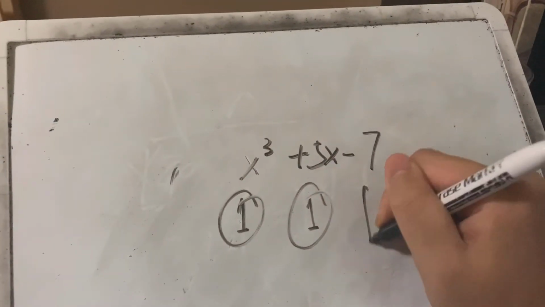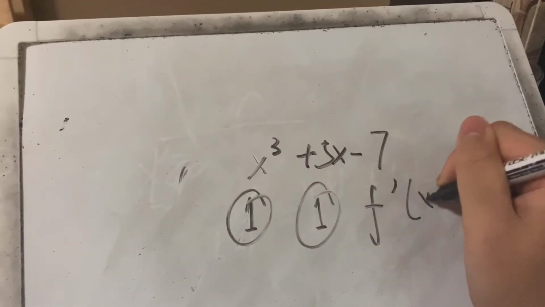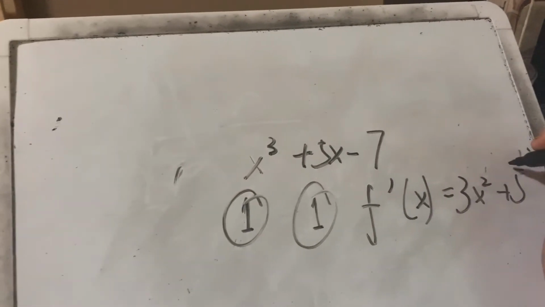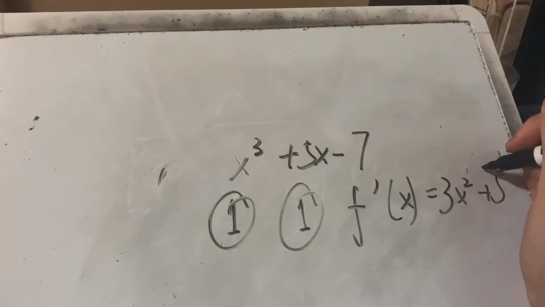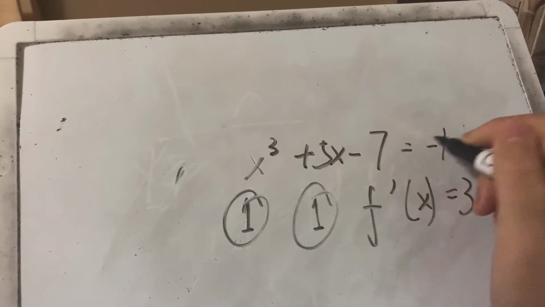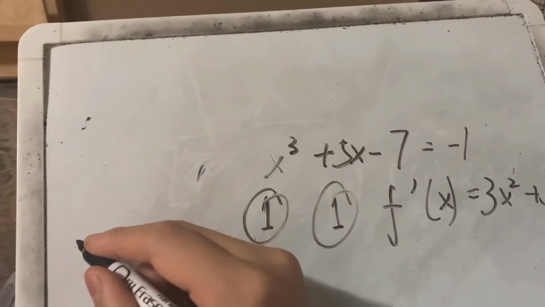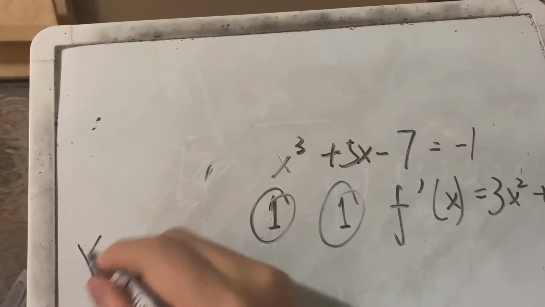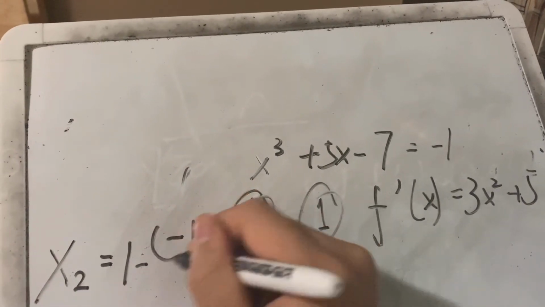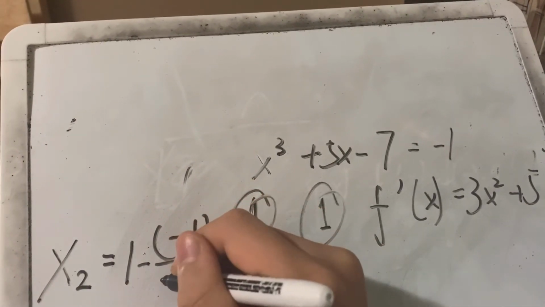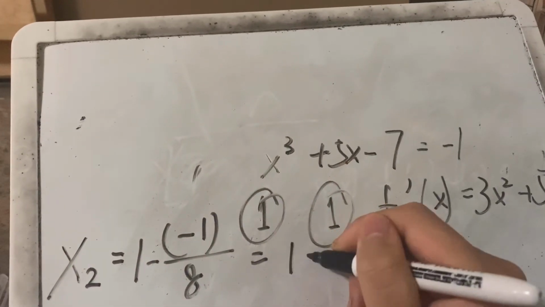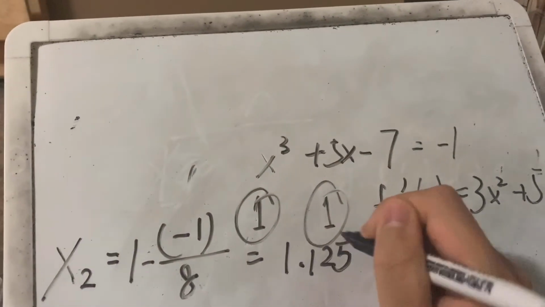We give its first derivative as 3x squared plus 5. And the value of the function there is negative 1. So x2 equals 1 minus negative 1 divided by 3 times 1 squared plus 5, which is 8. So it equals this for the first value.